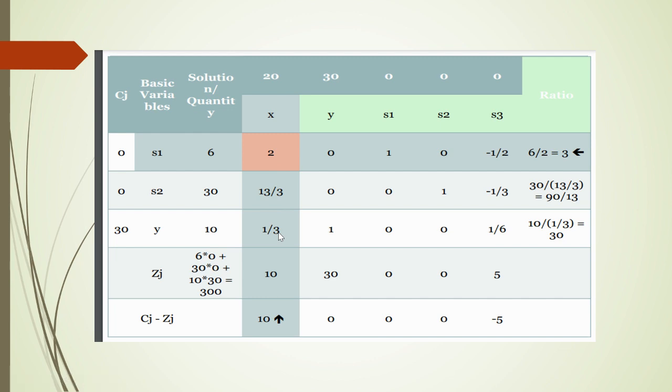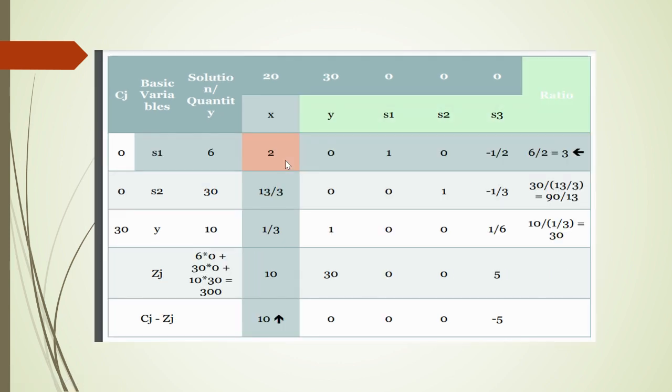The right hand side values are 6, 30, and 10: 6 by 2 is 3, 30 by 13 by 3 gives 90 by 13, and 10 by 1 by 3 gives 30. In this, 3 is the least value. So this is the pivot row, the leaving row, and 2 is the pivot element, because it is the intersection of the pivot row and pivot column.